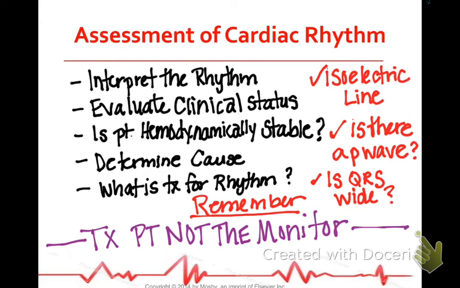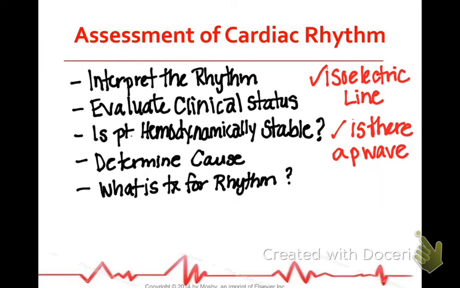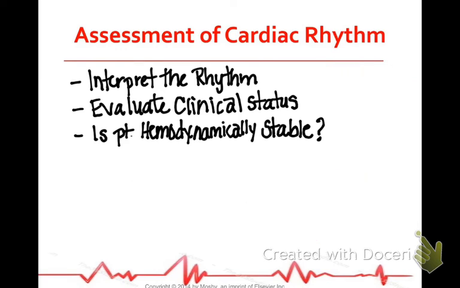As far as assessment of the cardiac rhythm, you want to interpret the rhythm. What is this? Is it sinus tach? Is it sinus brady? Supraventricular tachycardia? And then you want to evaluate the clinical status. How is the patient? Are they symptomatic? Are they asymptomatic?